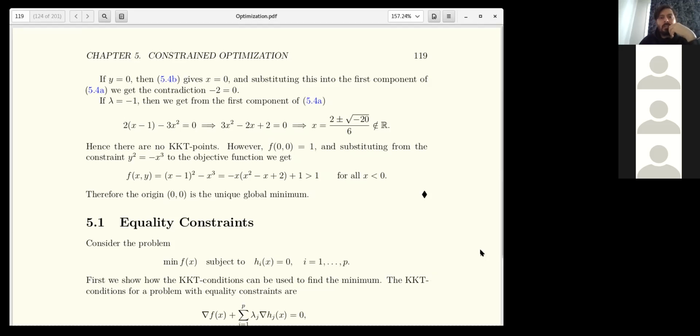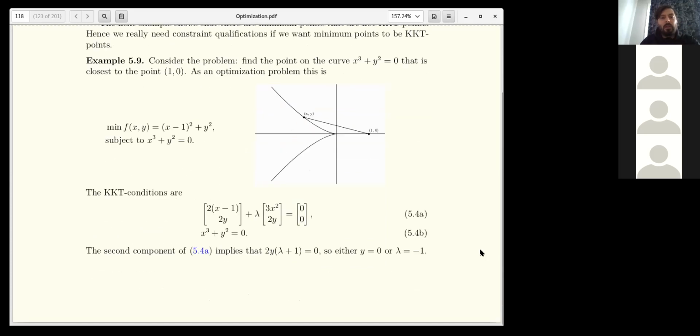But the problem is that if we look at the first component here, this is contradicted, because if x is equal to 0, then 2 times (x minus 1) is minus 2, and it is not equal to 0. So clearly y equals 0, x equals 0 is the optimum, but in this case, it does not satisfy the KKT conditions.